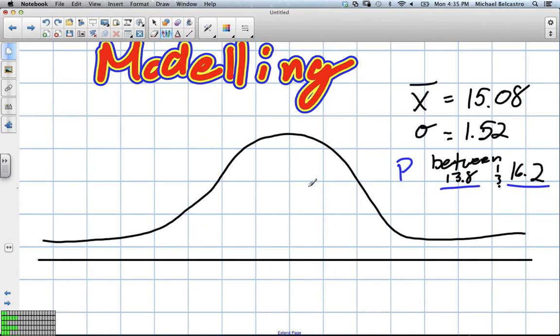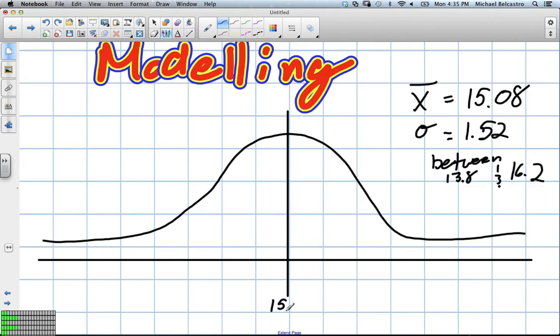So let's kind of try to draw this a little. Our mean is going to fall in the middle of our normally distributed bell curve. So this is our 15.08. Well, one deviation to the right and one deviation to the left would be adding 1.52, and over here would be subtracting 1.52, right?